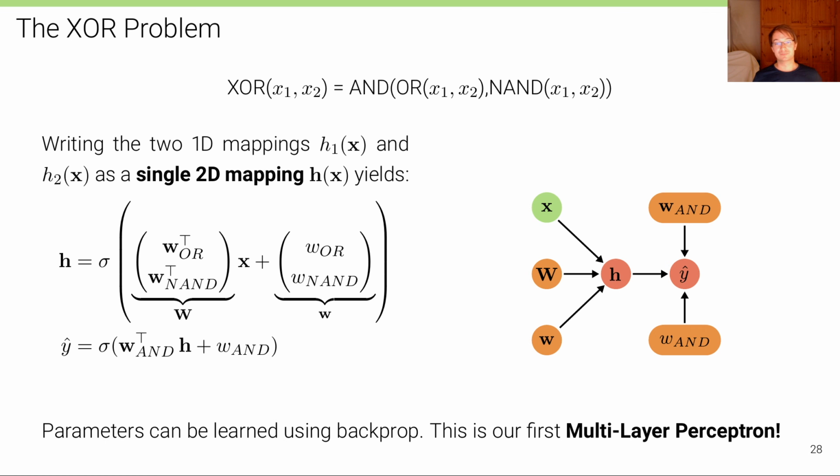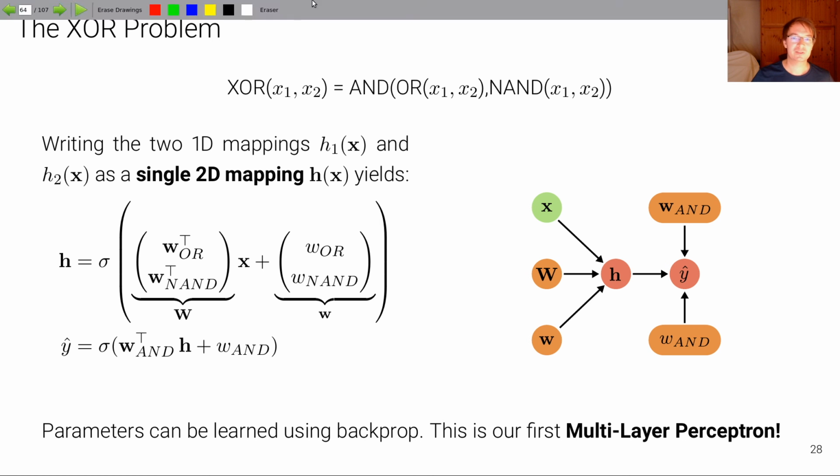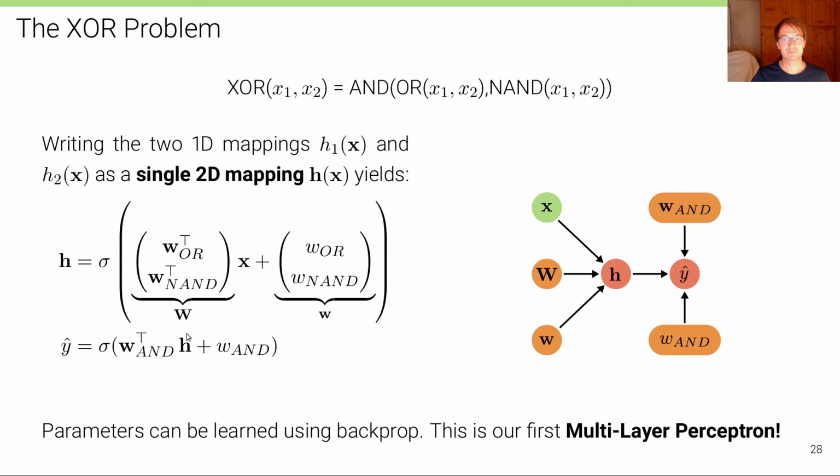Now, before, we specified all these parameters by hand in order to define the OR and the NAND operation. But of course, we don't know these parameters. But the beauty of specifying this problem using these logistic regressors is that this is now fully differentiable.